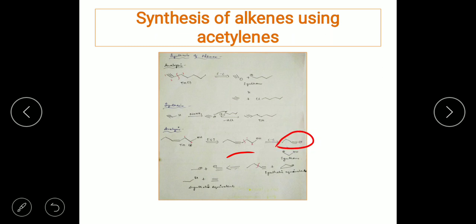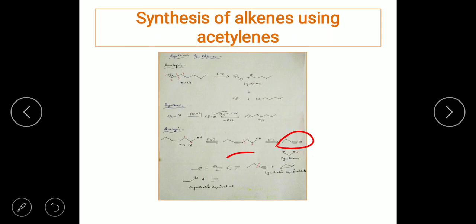This anion can be stabilized only if the nucleus is very close to the negative charge. Only then can this anionic species be stabilized. So hence we usually tend to convert the alkene to alkyne.